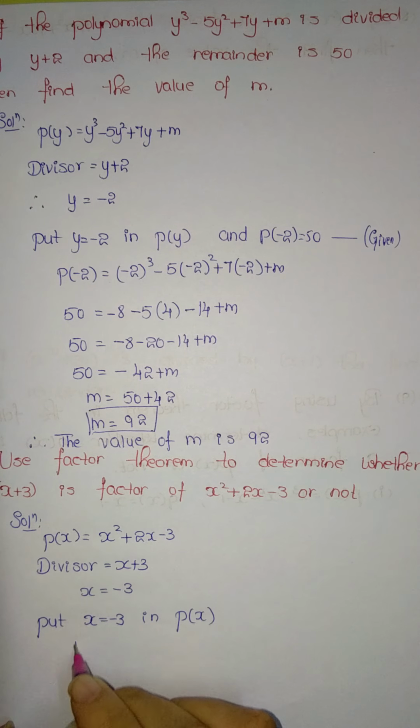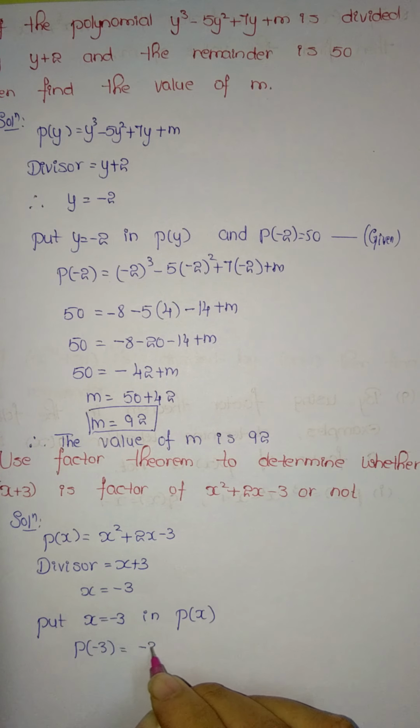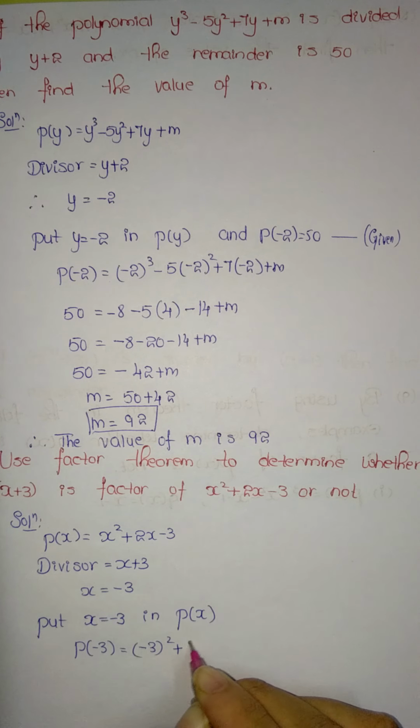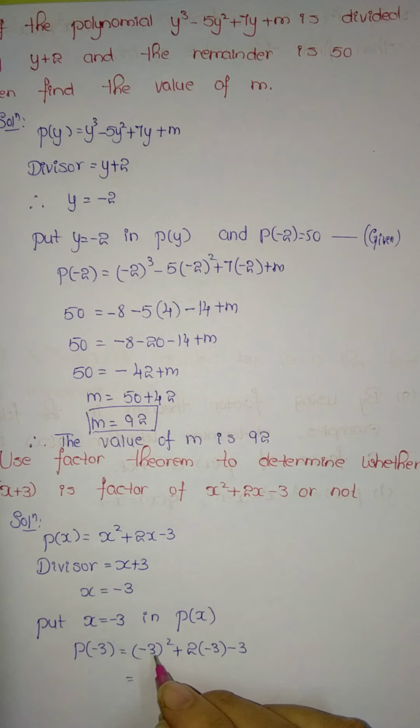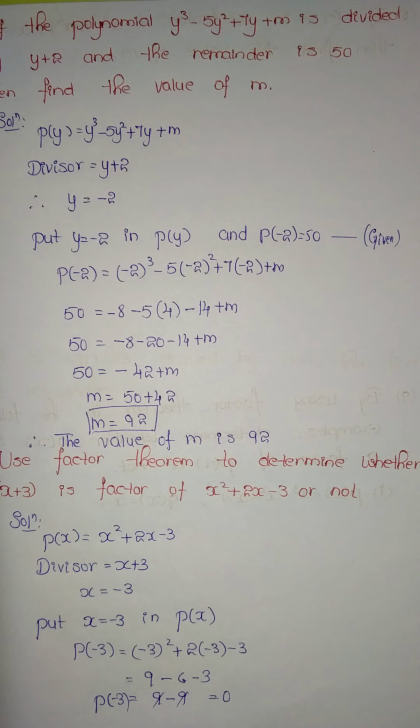So p of minus 3 equal to minus 3 whole square plus 2 into minus 3 minus 3. Minus 3 whole square is plus 9, plus 2 into minus 3 is minus 6, minus 3. So 9 minus 6 minus 3, it becomes minus 9, which cancels with 9 and gives 0. So the answer is 0, therefore x plus 3 is a factor of the given polynomial.